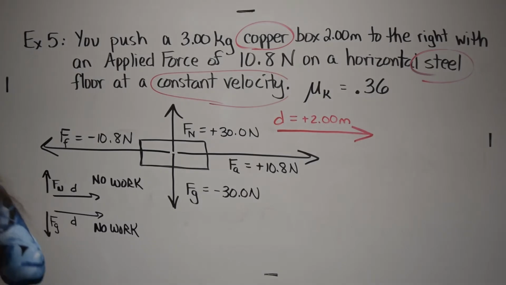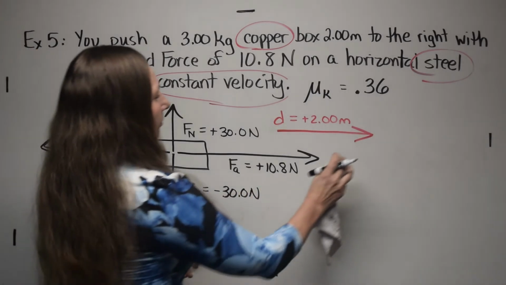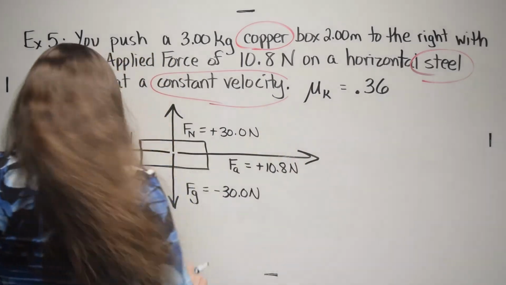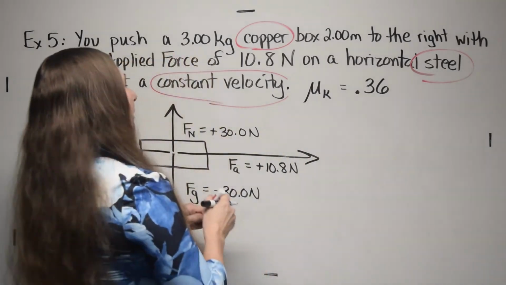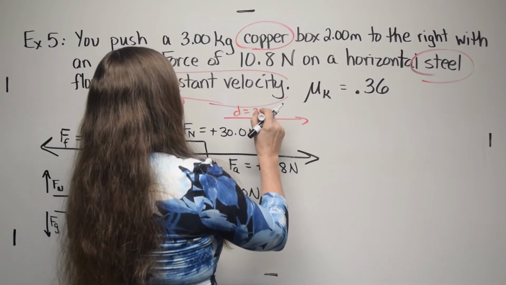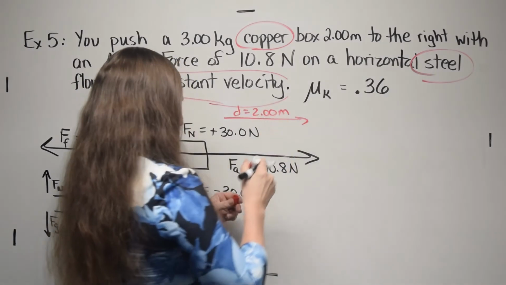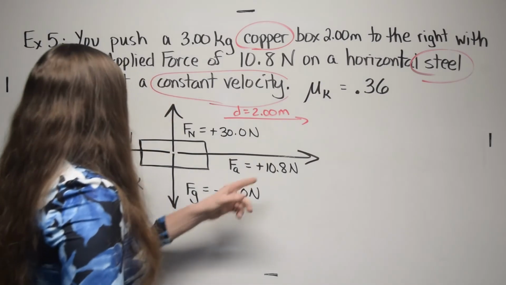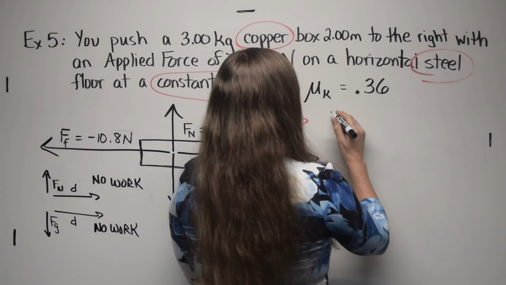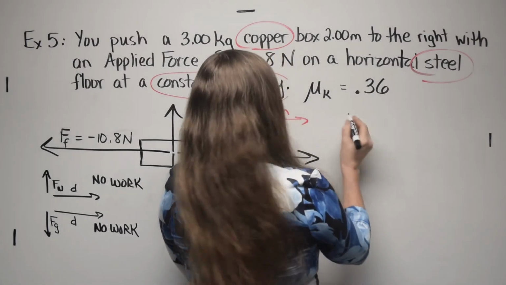I'm going to have to move this over just a little bit, it's getting in the way. So the displacement is 2.00 meters. Now, the applied force and the friction force. Here we go. F applied is to the right.